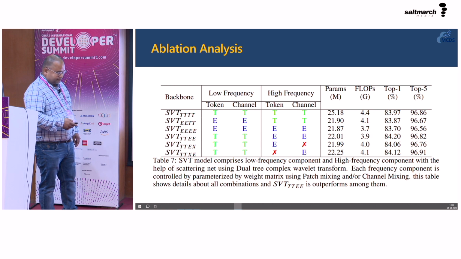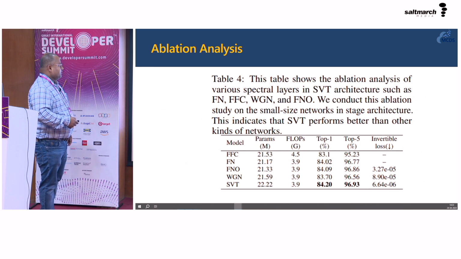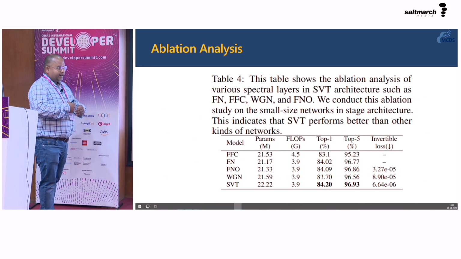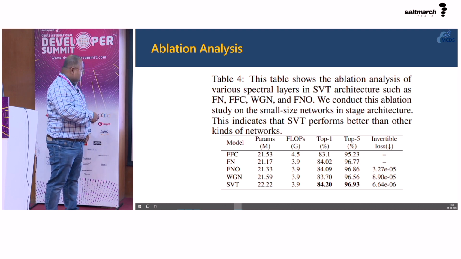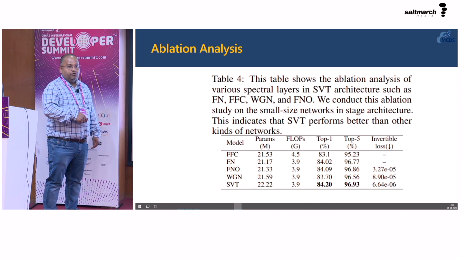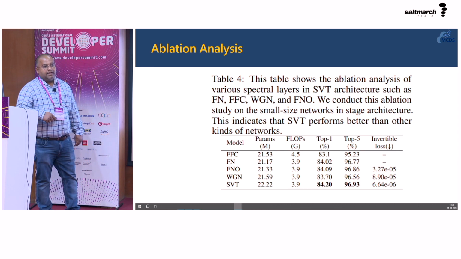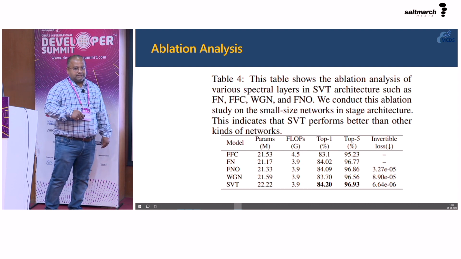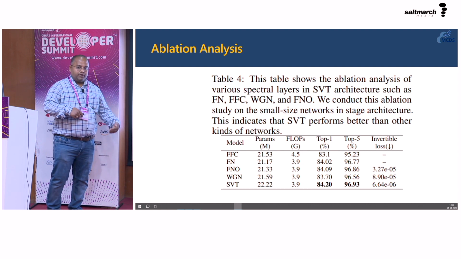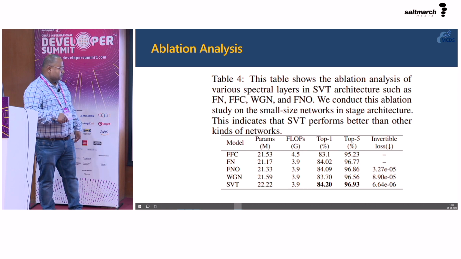This is more example of different kinds of spectral networks, like the Fourier convolutional network, the Fourier network, and the Fourier neural operator. This kind of operator is used for weather forecasting, such as 7-day forecasts. Then the wavelet gating network and SVT; SVT shows better performance compared to the rest.